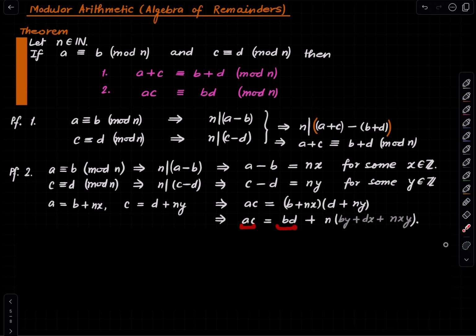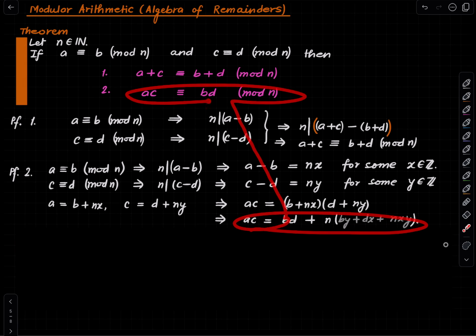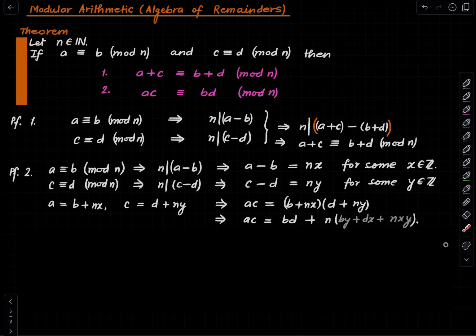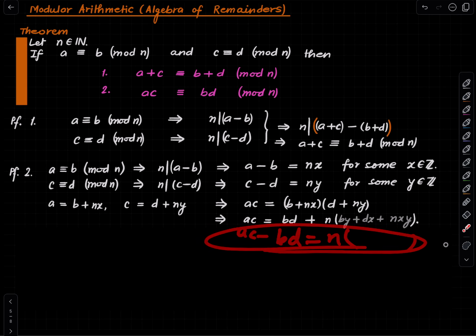So AC minus BD is n times something, and therefore AC minus BD is divisible by n. So let me leave it at that. I am running out of space. So that's it. This proves that thing. I'm just skipping one small step. Just write AC minus BD as n times the garbage, and therefore we have what we wanted.